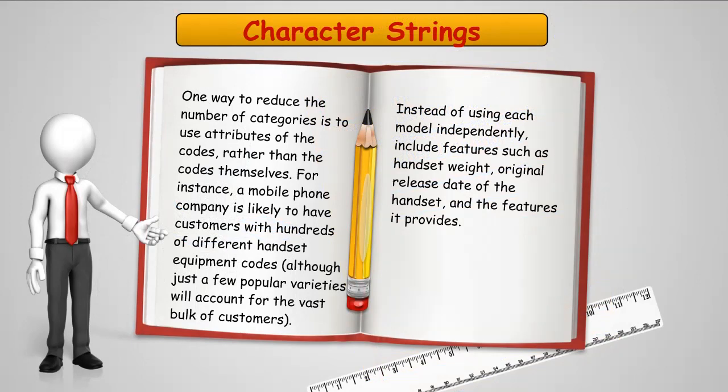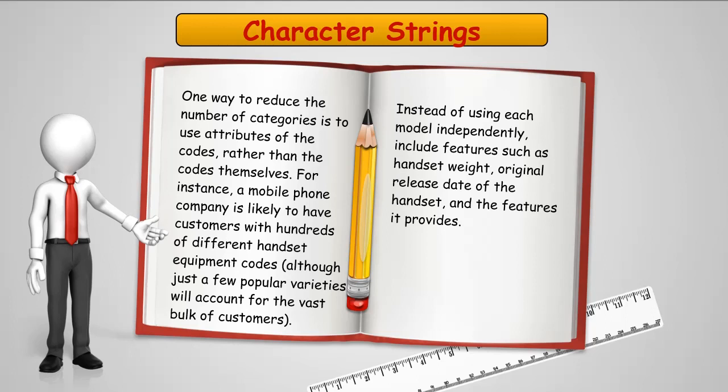One easy way to reduce the number of categories is to use attributes of the codes rather than the codes themselves. For example, in our lifetime, how many different versions of mobile phones have been created, and all the different permutations of each of those mobile phones with all of the various features. It would be impractical to try and use all the categories of every mobile phone.